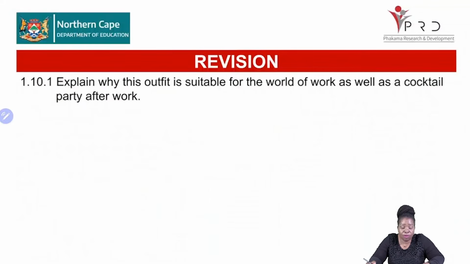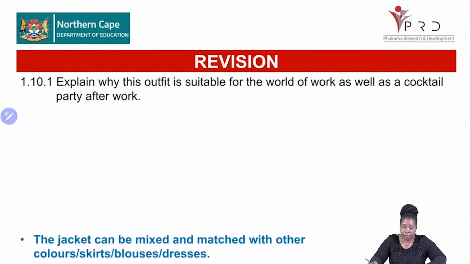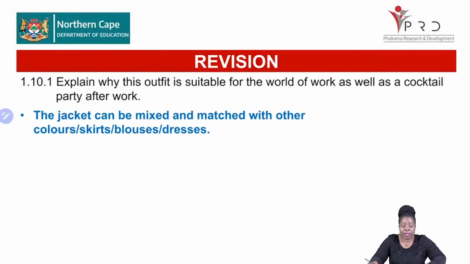Right, and then we move on with 1.10.1, explain why this outfit is suitable for the world of work. So this is a continuation of question 1.10.1. The jacket can be mixed and matched with other colors, skirts, blouses, or dresses.